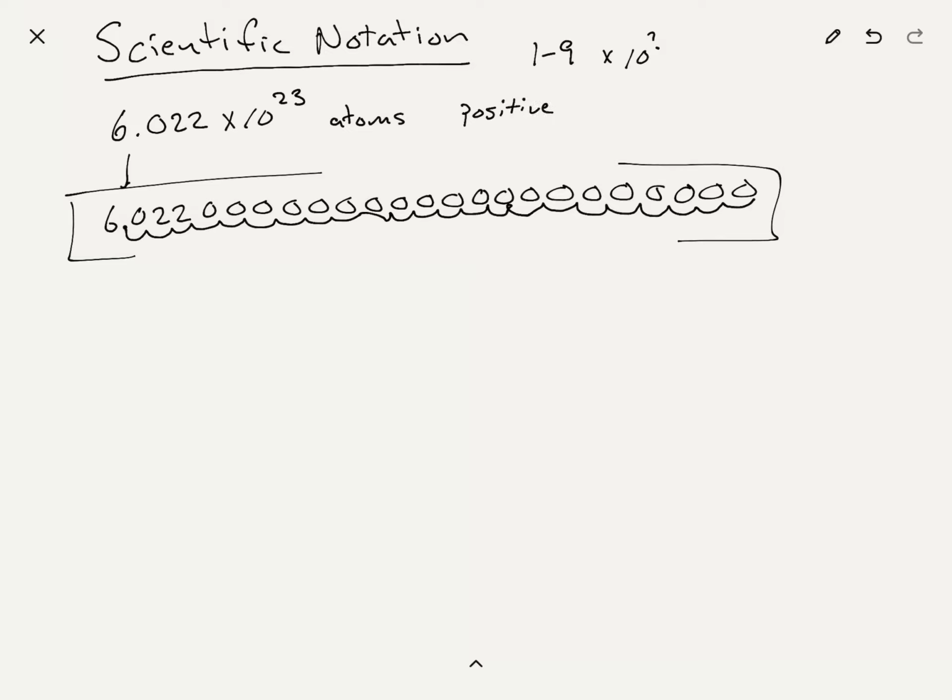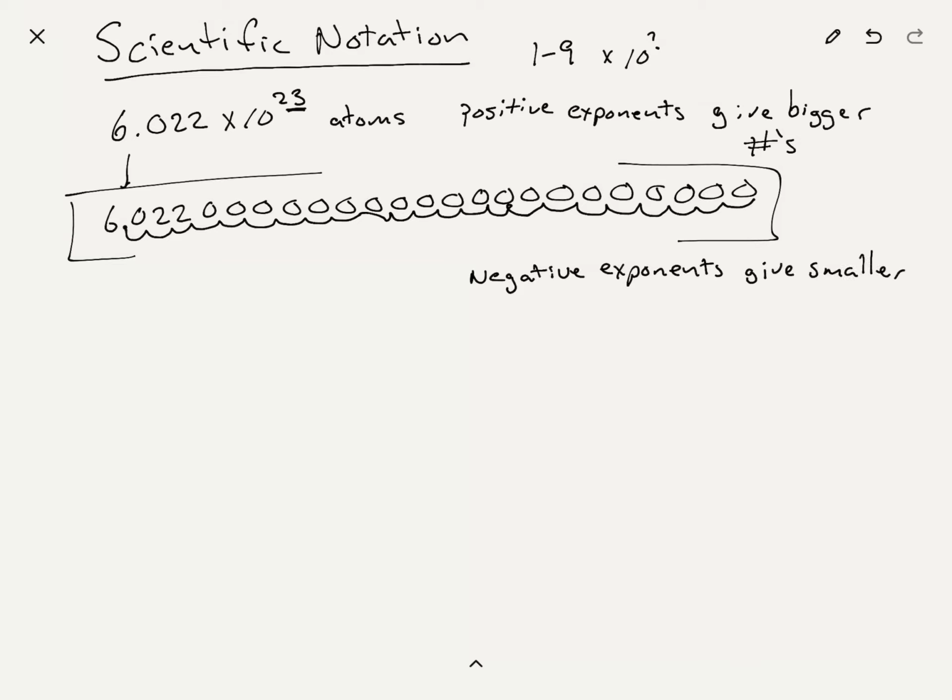Now, positive exponents like this one here give bigger numbers, and negative exponents give smaller numbers.